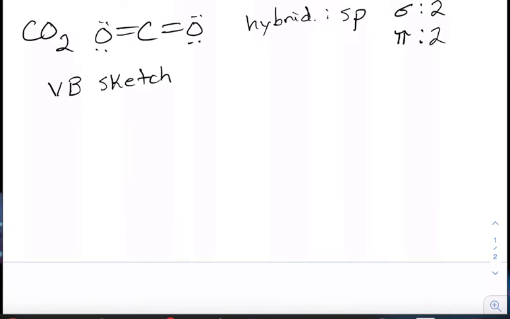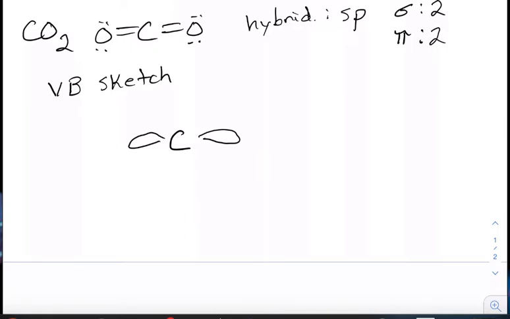So how we normally sketch things for the valence bond sketch, look at what hybridization you've given your central atom and look back at what we had in the pre-lab, like how do we normally draw an sp hybridization? The way we normally do that is we take our central atom, which in this case is our carbon, and we draw our hybrid orbitals pointing in the direction of where our atoms are that this carbon is going to be bound to.